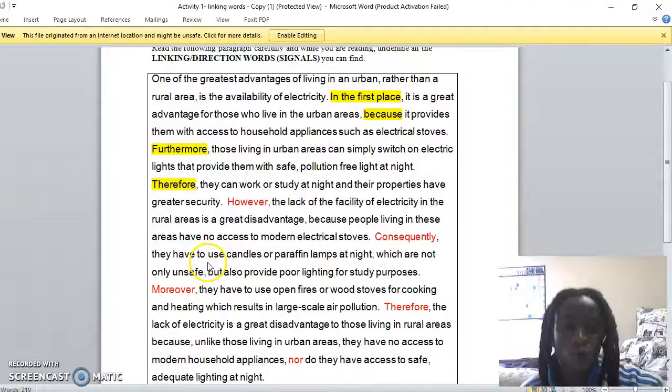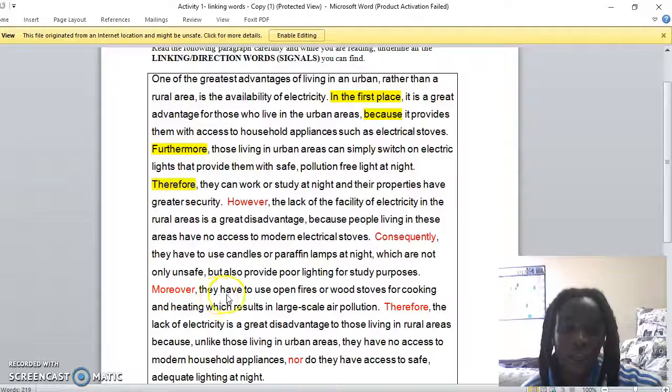"They have to use candles or paraffin lamps at night, which are not only unsafe but also provide poor lighting for study purposes. Moreover," what is he doing? Adding more information or giving supporting statements to the direction that he has taken currently.